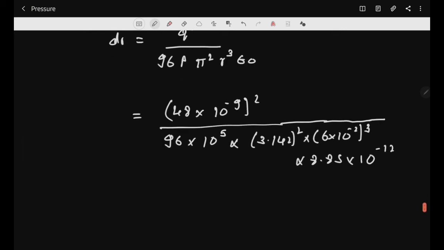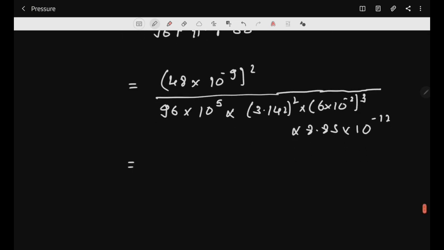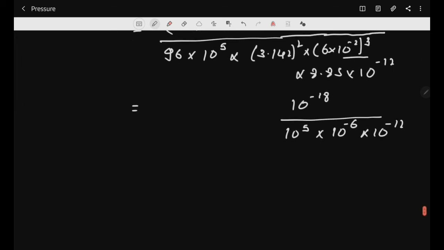So let us first check the powers. Let us first only calculate the powers, then we will see the numbers. In the numerator we have 10 raised to minus 9 square, that means we will get 10 raised to minus 18. In the denominator we have 10 raised to 5, 10 raised to minus 2 cube, that means 10 raised to minus 6, and 10 raised to minus 12. Let us first simplify the powers. Here, if we solve this, we will get 10 raised to minus 1.